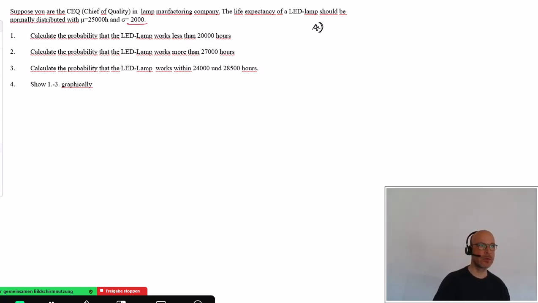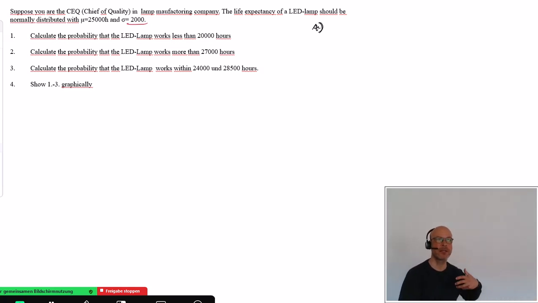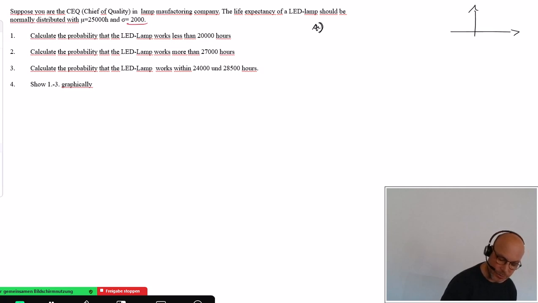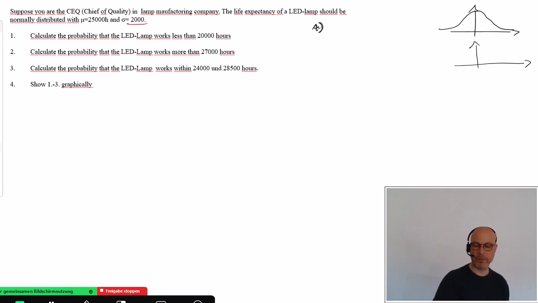Well, I think it would always be good if you know what you are doing, and for this, a graphical imagination would be good. We have already talked a lot about normal distributions. The standard normal distribution looks like this, and our distribution, normal around 25,000, is then just shifted to the right.